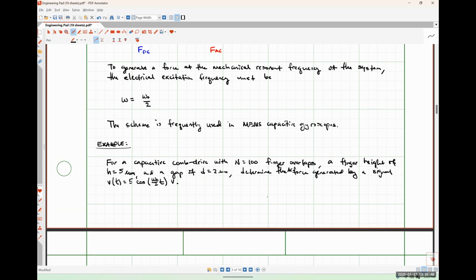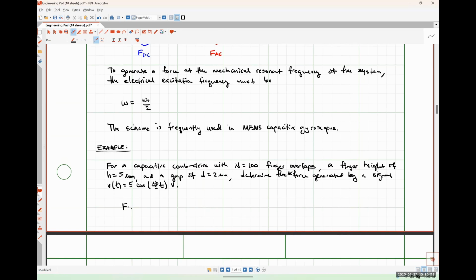So this is, like I said a moment ago, fairly straightforward. Our AC force component is just going to be 1/4 times 100 times 8.854 times 10 to the minus 12 farads per meter, times 5 times 10 to the minus 6 meters, all over 2 times 10 to the minus 6 meters.